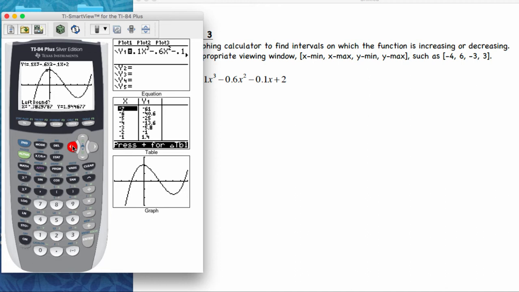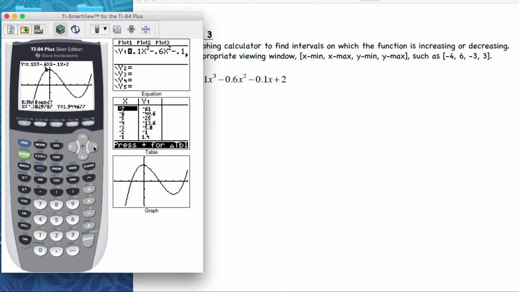Mr. Manning likes to do 3, so I'm going to hit it 3 times. And then I'm going to set that left bound by hitting enter. And as soon as I hit the enter button, you can see that the graphing calculator is now asking us for the right bound, and it wants you to be somewhere to the right of your maximum.